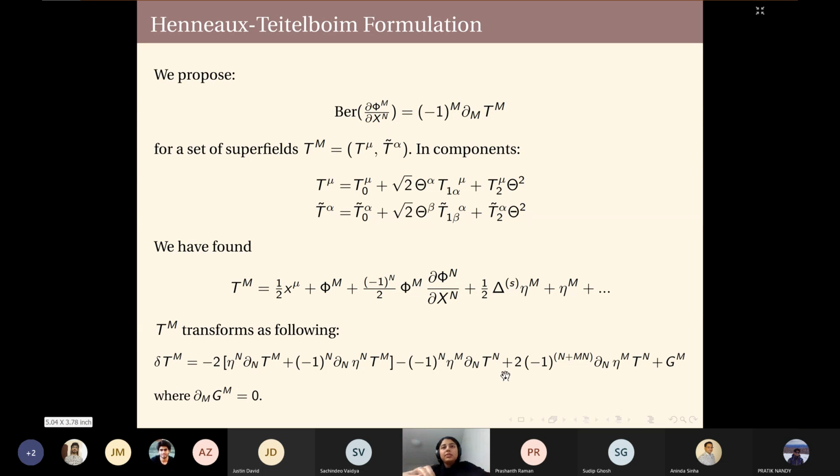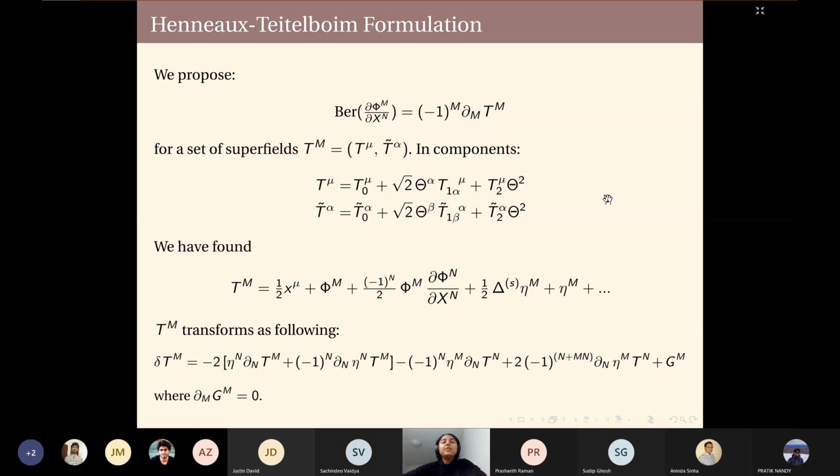And this is the transformation rule for the field T^M. So we need to ensure that this rule is being obeyed for consistency. So basically we are trying to find the full or exact form of the Stückelberg action up to all orders using 2 different methods, both active and passive transformations.